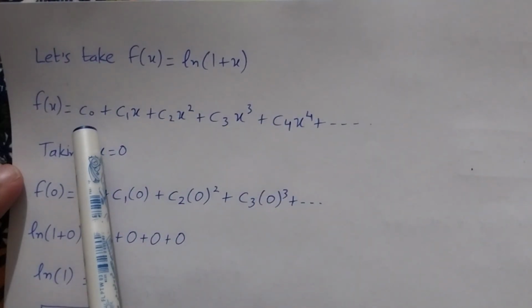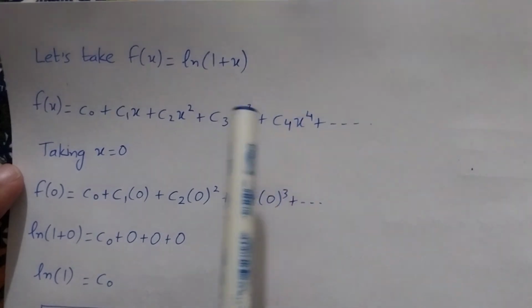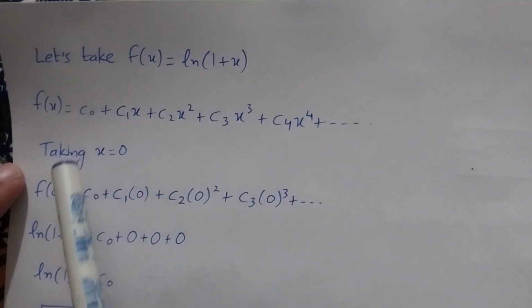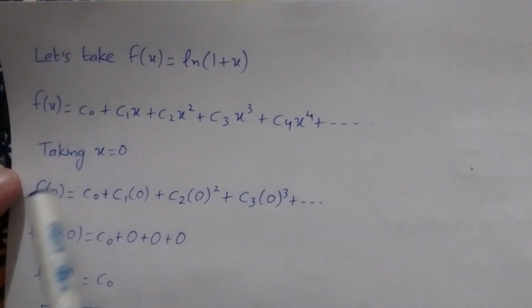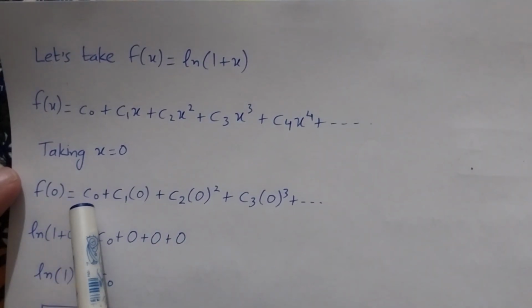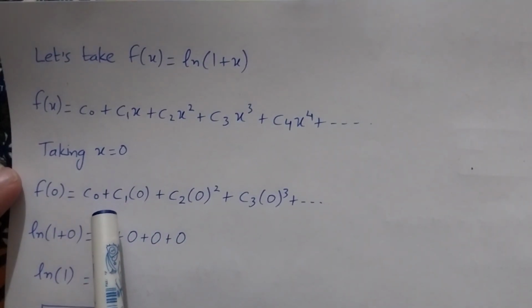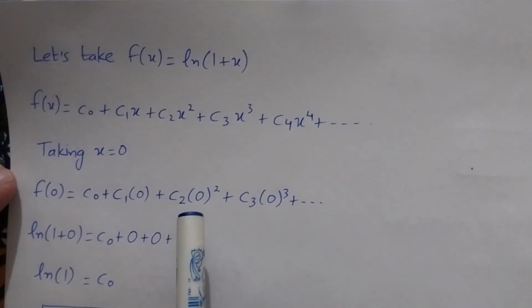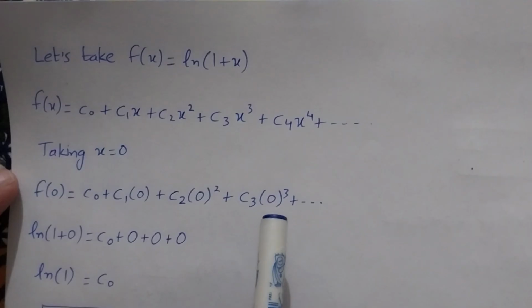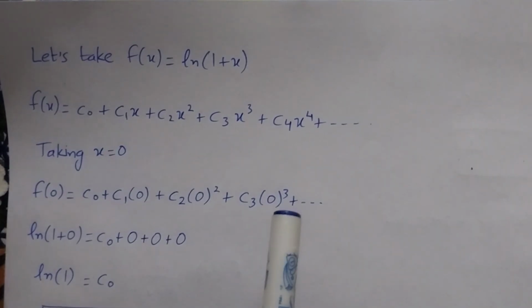So the first constant can be easily evaluated by taking x is equal to 0. When we put x is equal to 0 in this equation, we get f of 0 is equal to c naught plus c1 times 0 plus c2 times 0 squared plus c3 times 0 cubed, and so on.